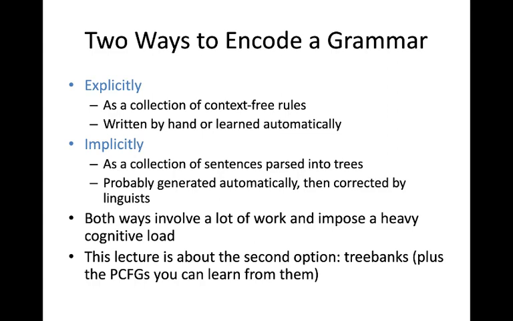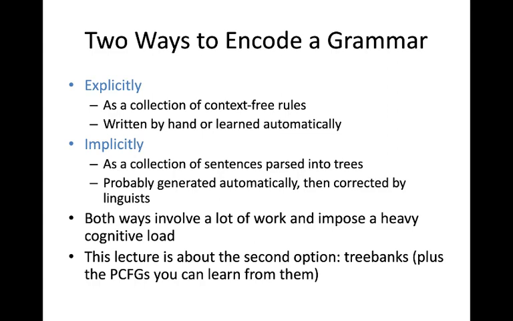If you have a big collection of trees, these imply certain kinds of constituents that can exist. Certain kinds of rules are implied by the treebank. And nobody has gone and written out S goes to NP VP, but that's implicit within the annotations.